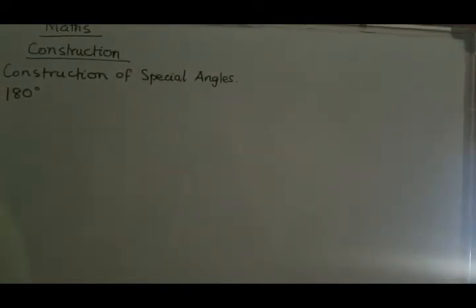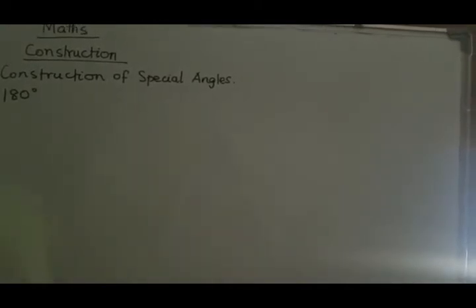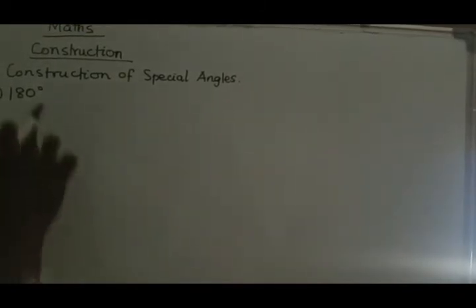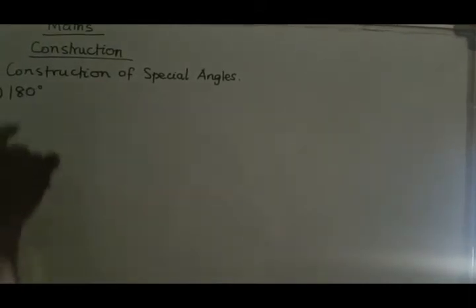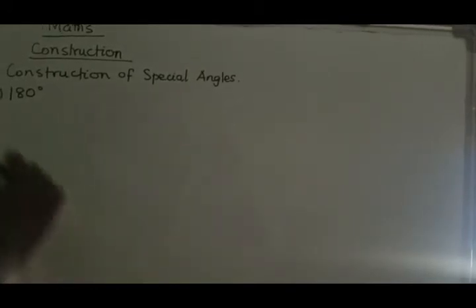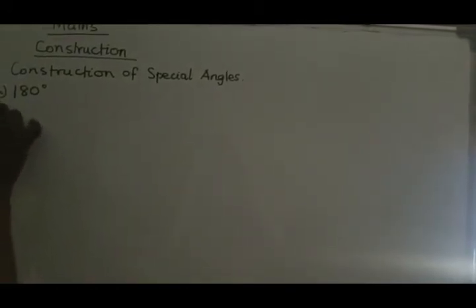The other time we talked about bisection of angles, which means dividing an angle into two equal parts. So if we draw an angle that is on a straight line which is 180 degrees, if we bisect that angle, then we are going to get 90 degrees.